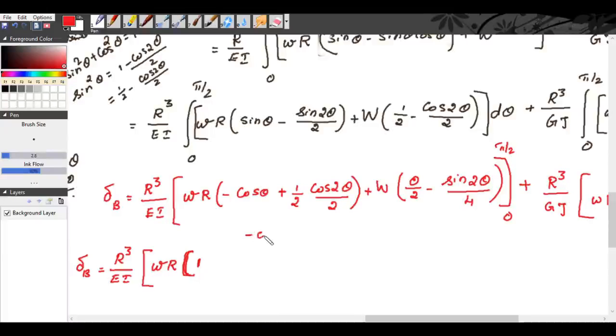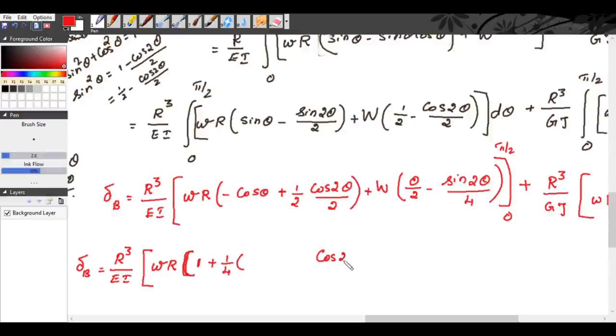See, that is minus cos pi by 2 minus cos 0. So this is 0, cos 0 is 1. So we get minus into minus plus 1. Now the next value, it is plus 1 by 2 into 1 by 4. We will take 1 by 4, plus 1 by 4 into cos 2 theta.